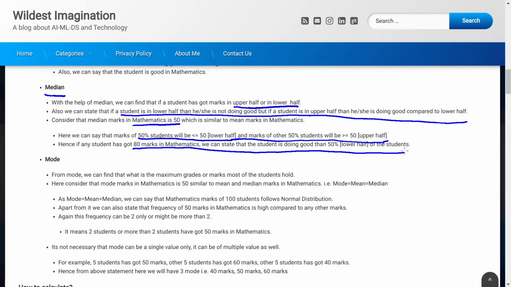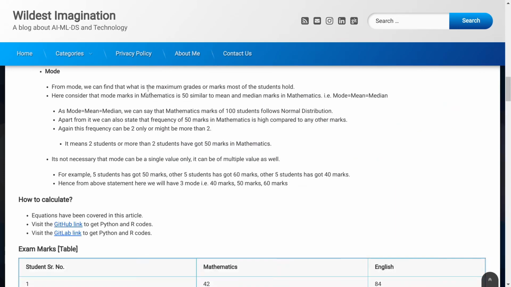How we have come to this conclusion, that 50% of students will have marks greater than or equal to 50 and 50% will have marks less than or equal to 50, we will see in the formula session. Mode will be the number having maximum frequency, or maximum frequency of any grade.